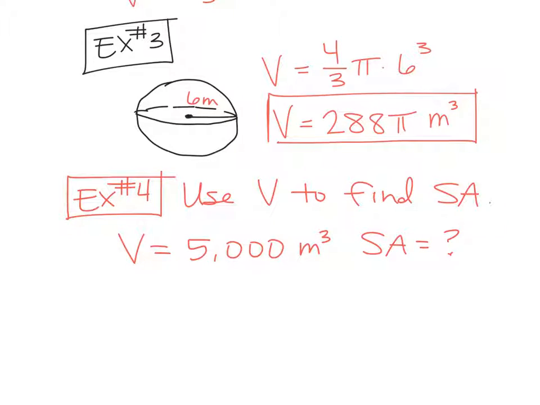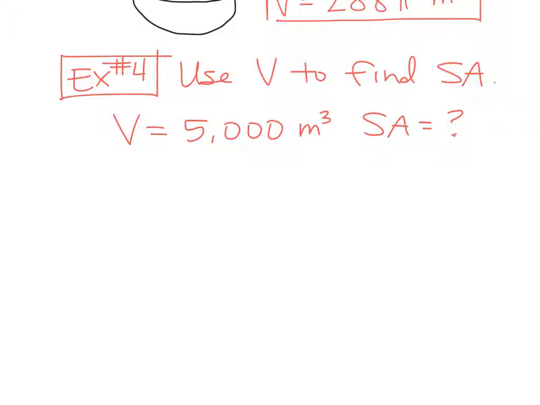So they both have a pi, and they both have a radius, right? In order for us to go from volume to surface area, we need a radius, because that's our unknown in both of them. That's our variable. So we're going to take the volume, 5,000, and set it equal to the volume formula.